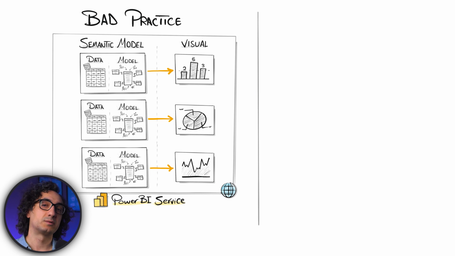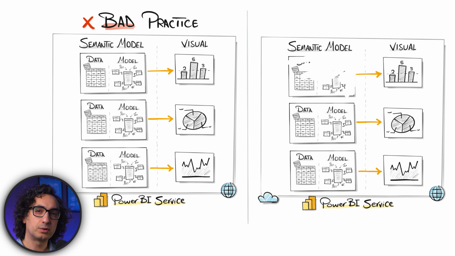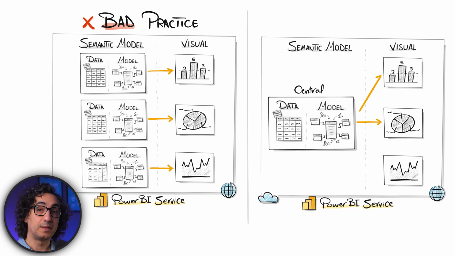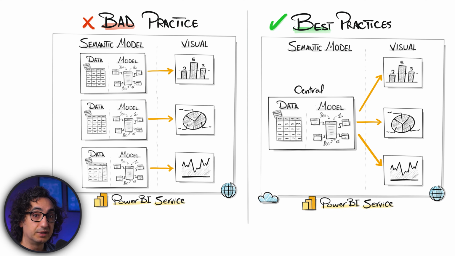So instead of that, what we can do is build one strong semantic model, share it in the service and start reusing it. So with that, you can build multiple reports on top of the same model, and this can speed up the process of creating new reports, and you avoid repeating and rebuilding the same logic over and over.